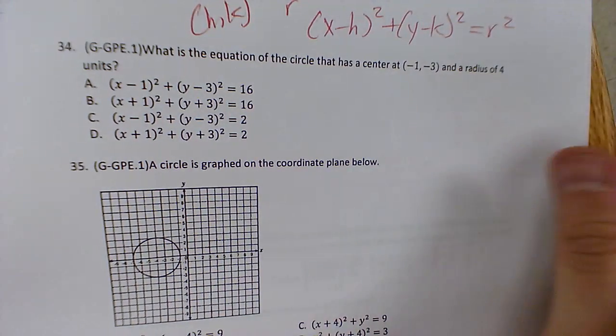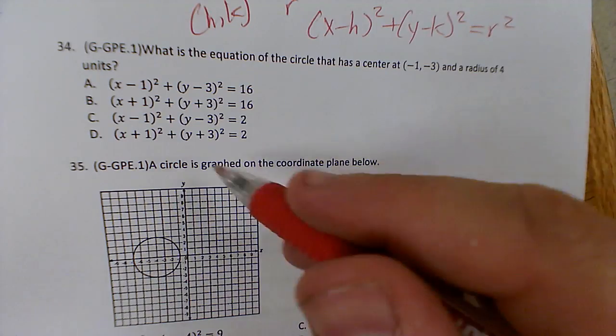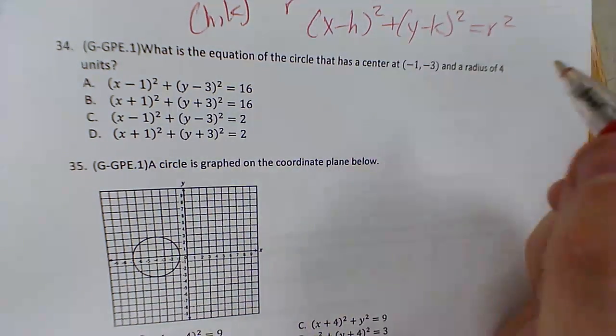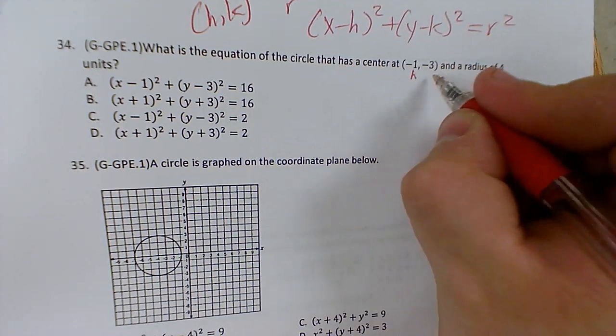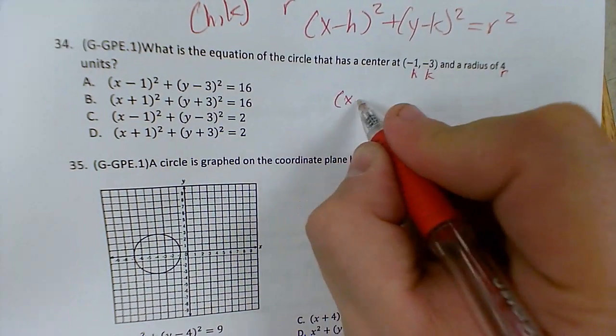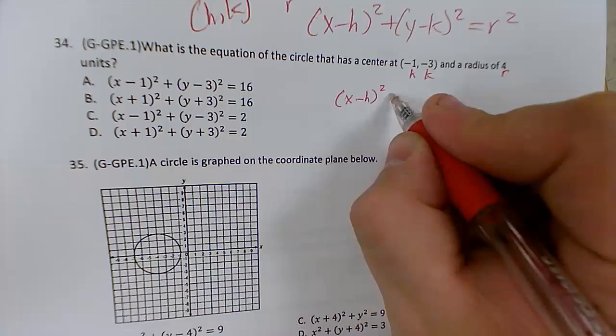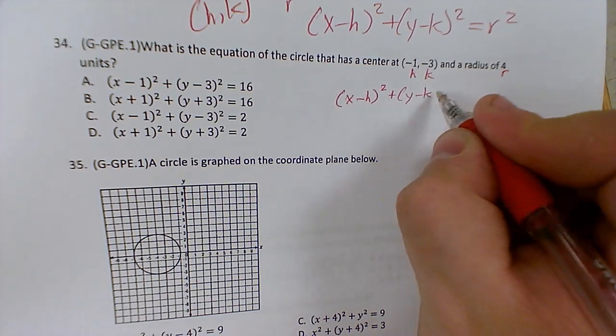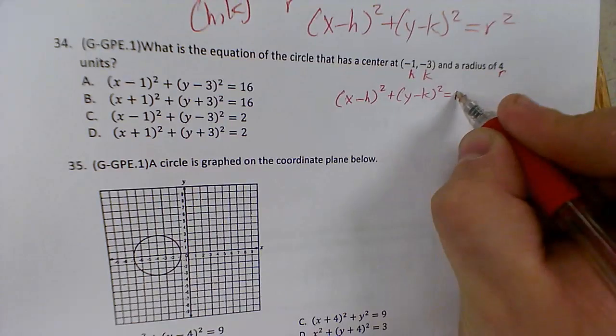So what's the equation of a circle with a center at -1, -3 and a radius of 4 units? Well, this is their h, this is their k, this is their r. So we would do x minus h squared plus y minus k squared is equal to r squared.